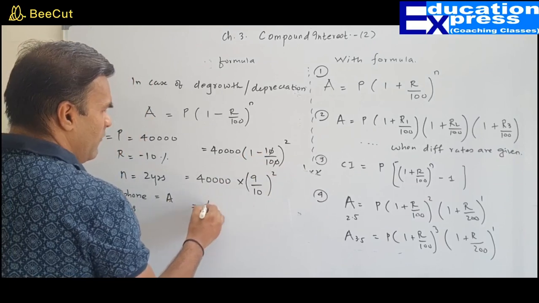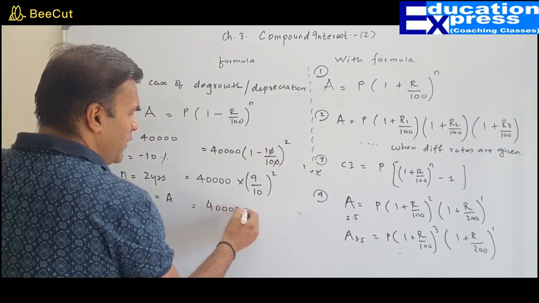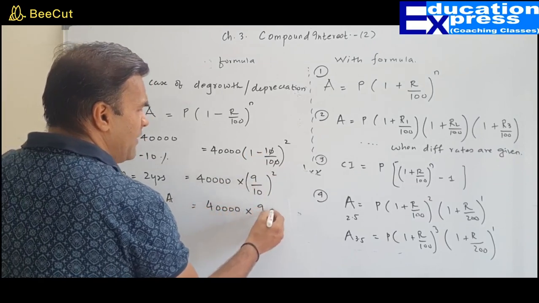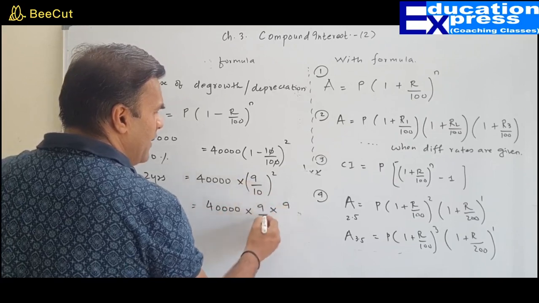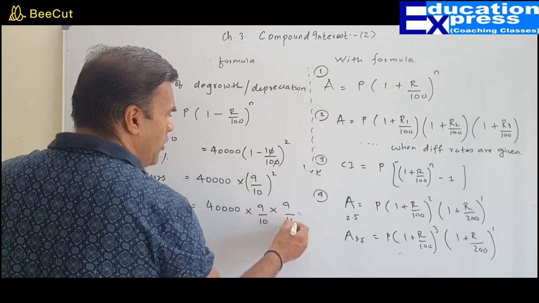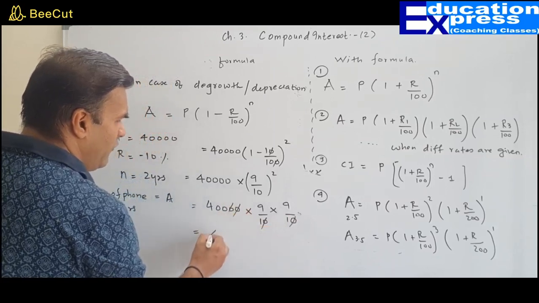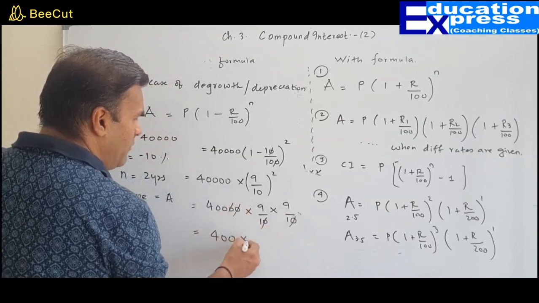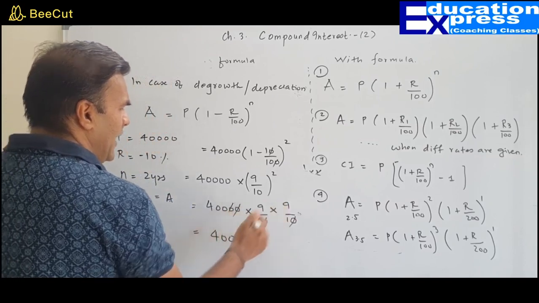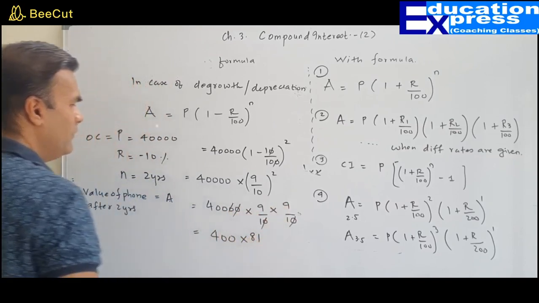So 40,000 multiplied by 9 multiplied by 9 upon 10 upon 10. 0 0 0 0. So we are left with 400 multiplied by 81, since 9 nines are 81.